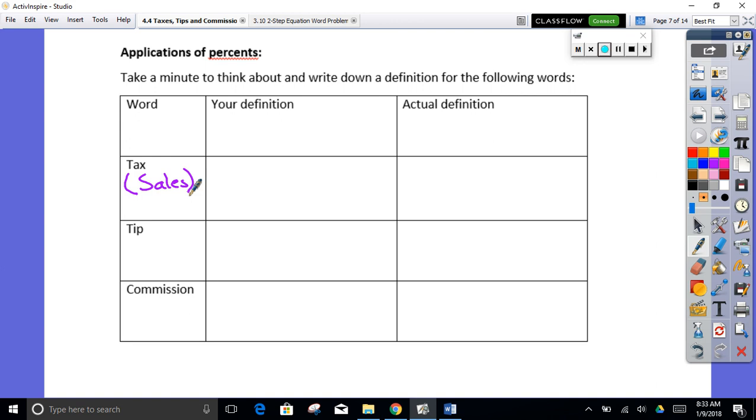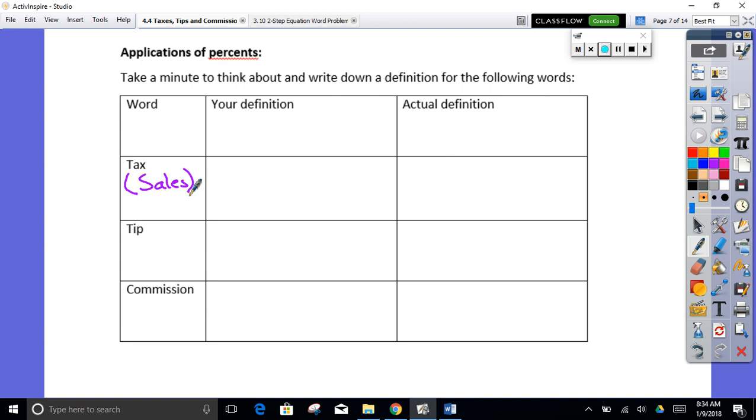Irene? I was going to say, you take your total amount that you're paying for something, and you take 6% of that, and I think that goes to the state, right? Yeah, it goes to the state, and then you have to add that onto your subtotal beforehand to get your complete total.